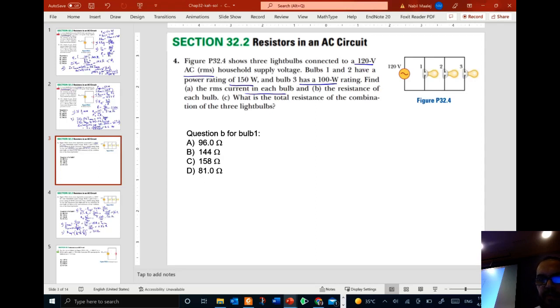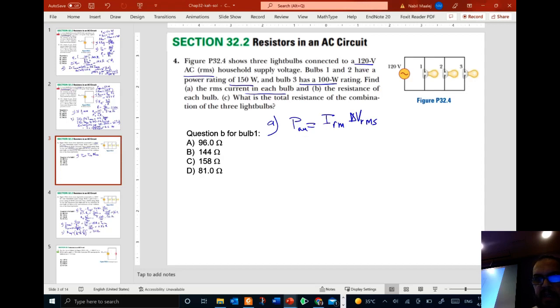Okay, so what do we know? We know P average is equal to I RMS times delta V RMS.